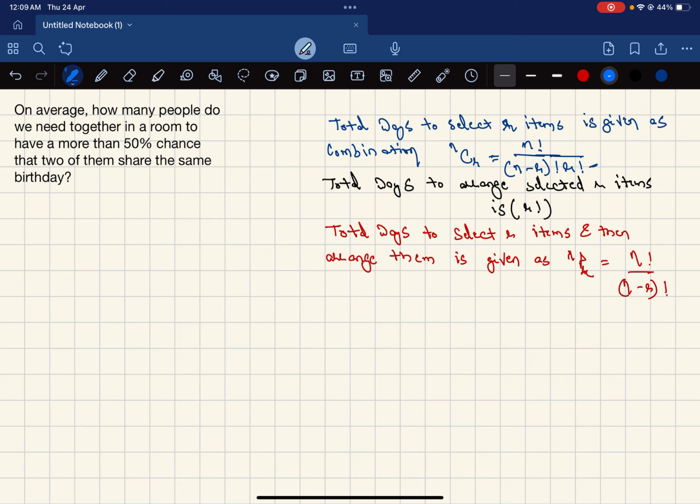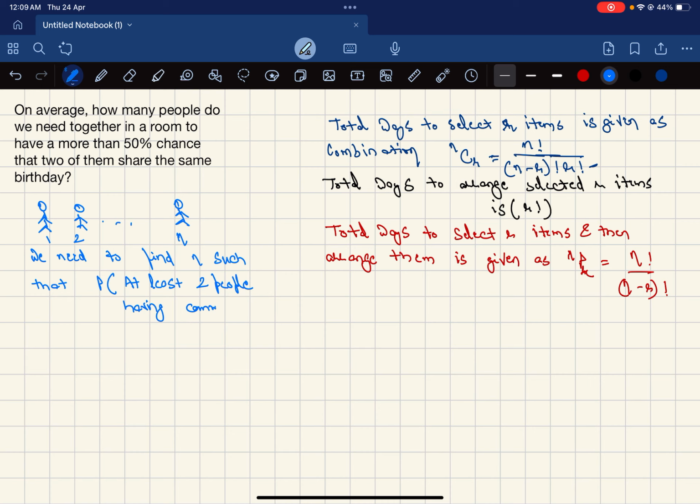Now let us say we have n people in the room, and we need to find n such that the probability of at least 2 people having a common birthday is more than or at least 0.5.